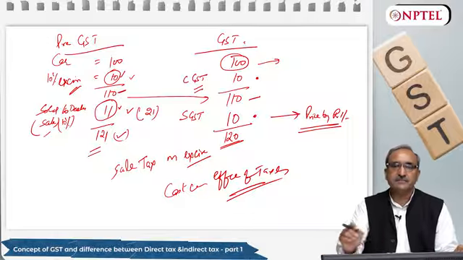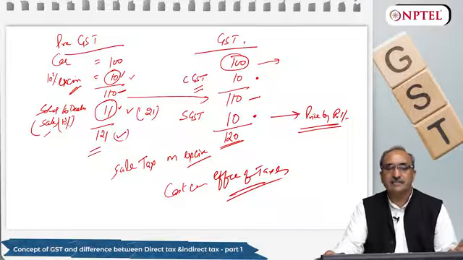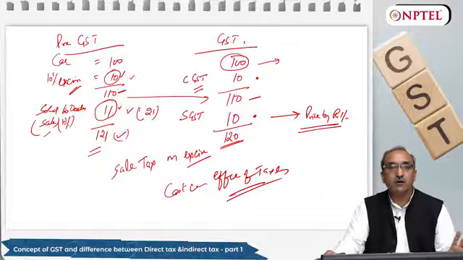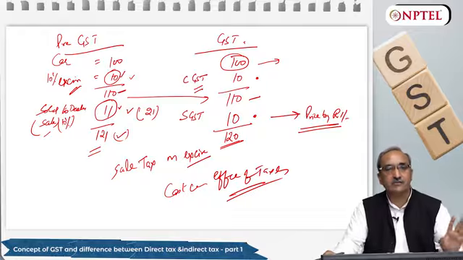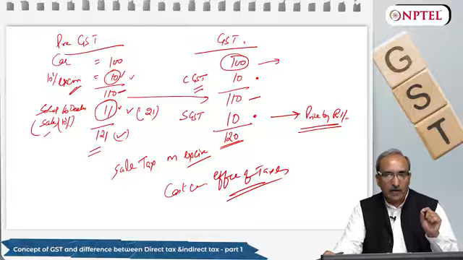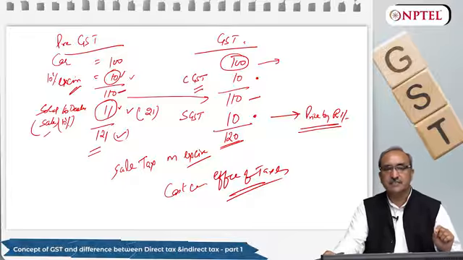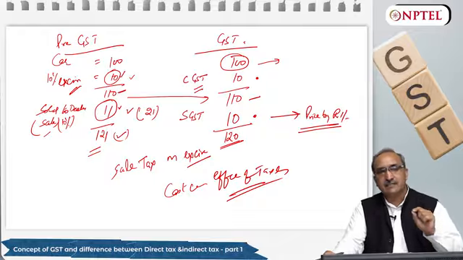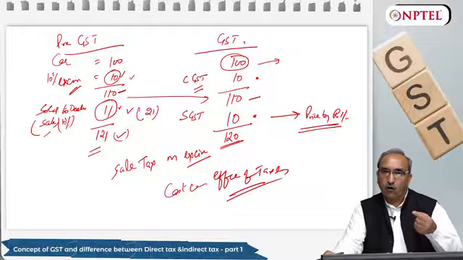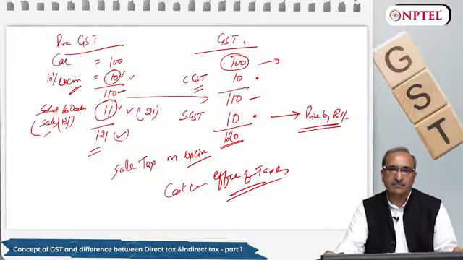So GST has eliminated the cascading effect, taxes on tax. We are not paying tax on tax now. It means we are not paying VAT or sales tax on excise. We are paying central excise in the form of CGST. We are paying sales tax in the form of state GST, but we are not calculating state GST on central GST.